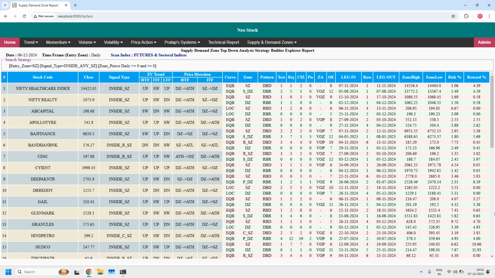So many stocks are closed inside the daily supply zone. If these supply zones are violated by prices, then bullishness will be there in the market. Otherwise, again prices will be going down. But anyway, I'm scrolling the list down.